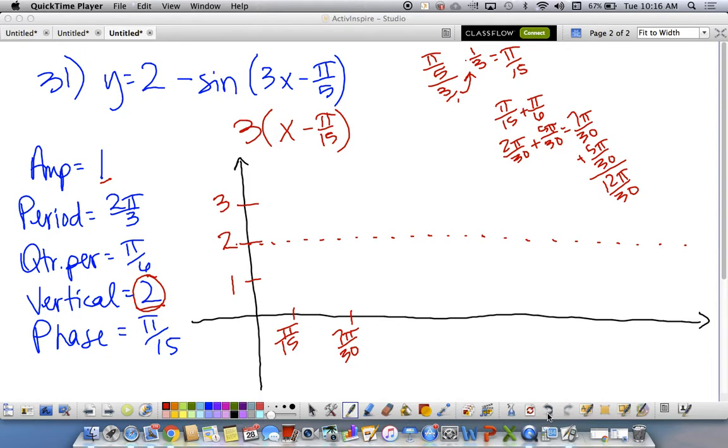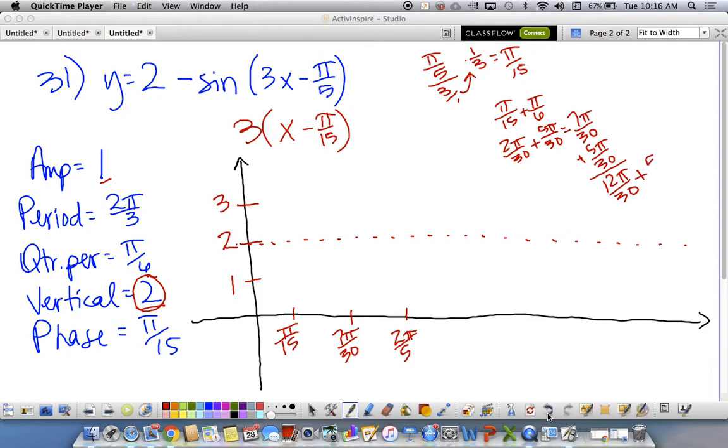Wait, how does 6 go into 15? 6 will go into 12 and 30. Oh, so it's 2 and 5. 2 pi over 5. Now, I'm going to leave this up here just because I need to know that.